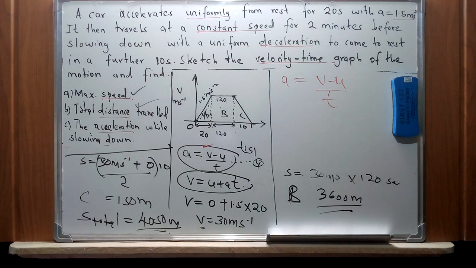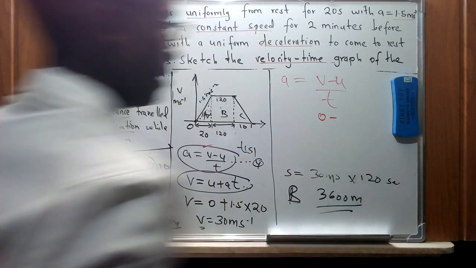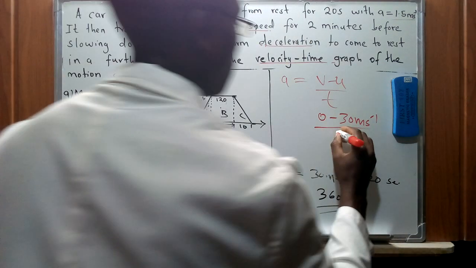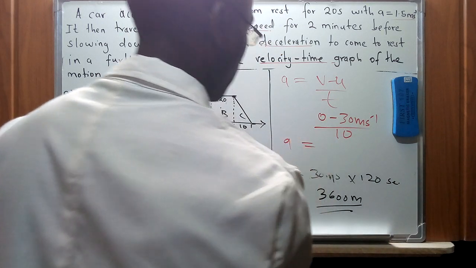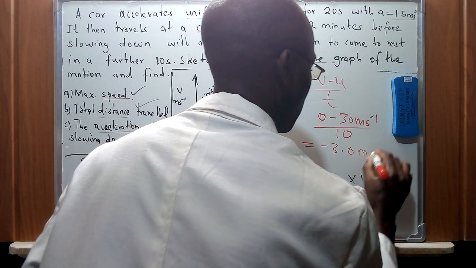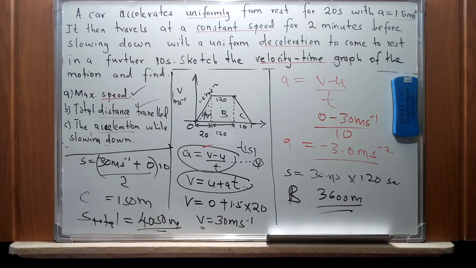That is why we have said that there is a difference between acceleration and deceleration, in that this one is the negative of that one. We'll just use the information provided: the final velocity was 0 at rest, the initial one was 30 meters per second, and the time taken was 10 seconds. So acceleration will be given as negative 3.0 meters per second squared. Negative implying that it is deceleration, moving from a particular velocity to rest, which is 0.